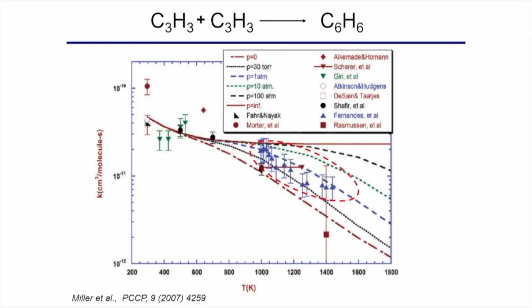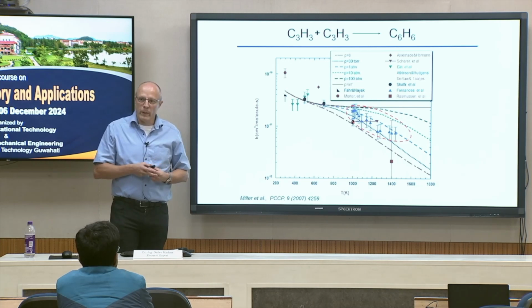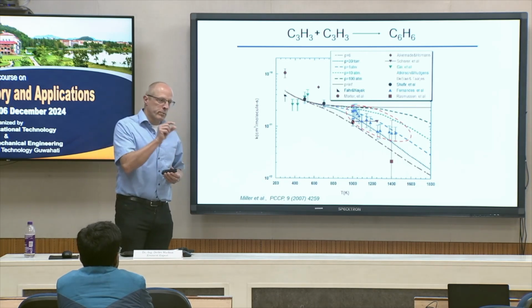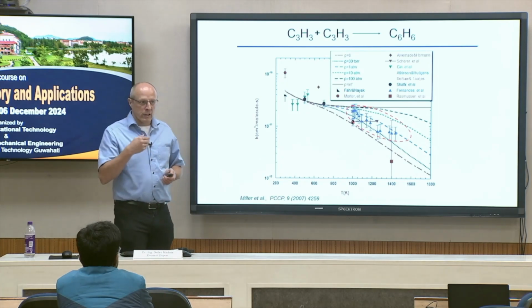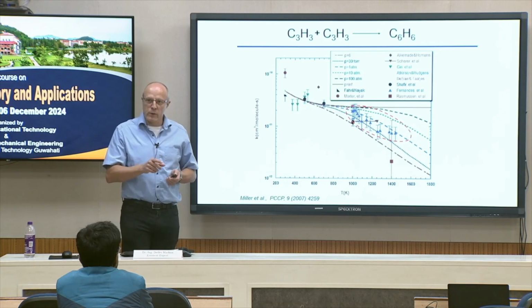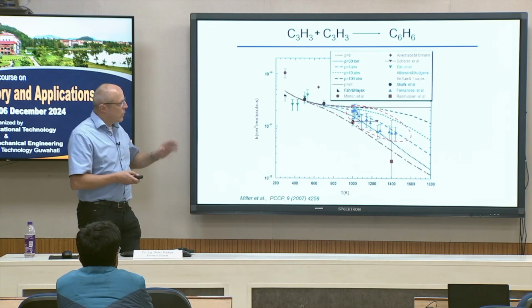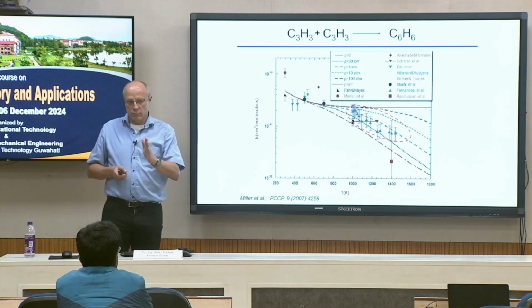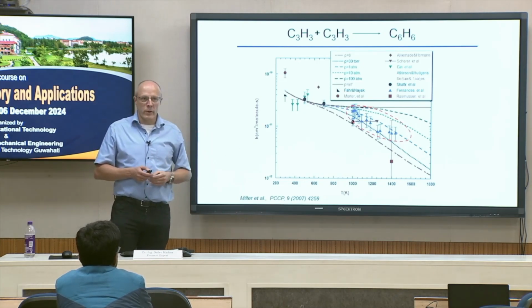So I hope I have shown you that even when we have this very, very complex system leading to soot formation, we have the possibilities to look at specific reactions to get information about their specific reaction rates, and we can look at different steps of our reaction pathway, so the formation of our radicals.